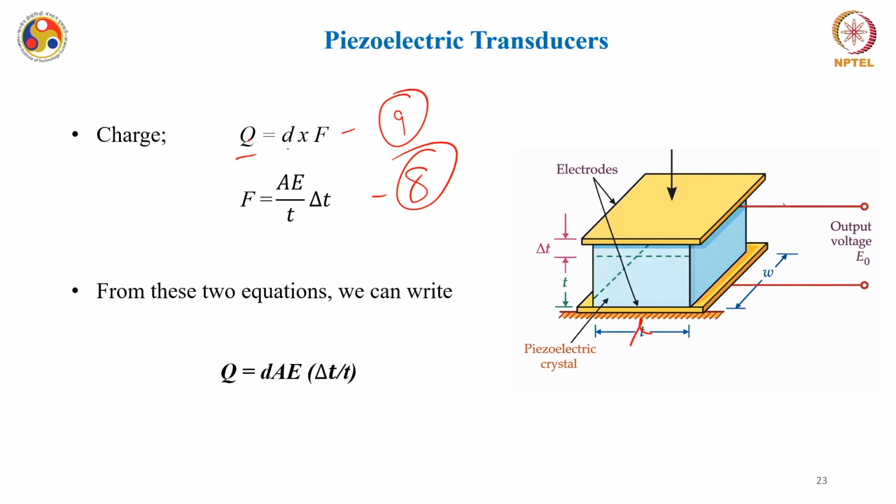Just by replacing the value of F from equation 8 in equation 9, I will get Q is equal to D into A into E into del T by T. Let me call it equation 10.